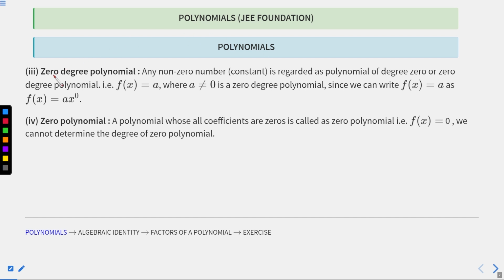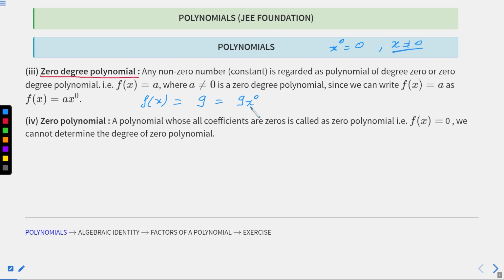Now on the basis of degree, there's another type which is zero degree polynomials. That means polynomials whose degree is 0, that means just a constant number. For example, if f(x) is my polynomial, say 9, and 9 I can rewrite as 9 x power 0, because any number power 0 is equal to 1 if that number is not equal to 0.